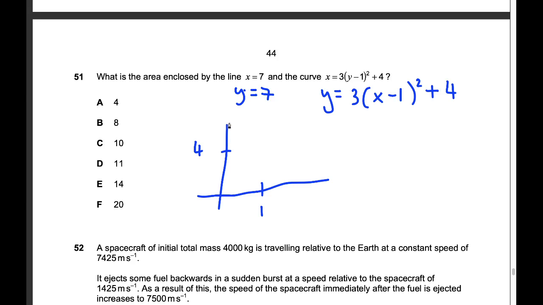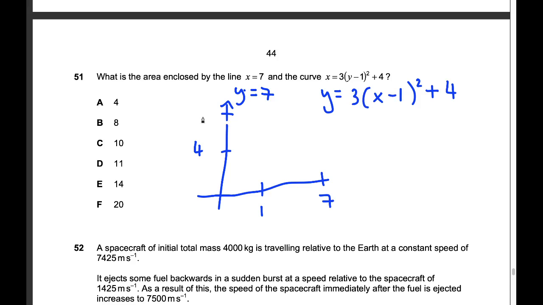And actually, if you think about it, where is the line x equals 7? It's somewhere over here. And where does it cross the y axis? This is not really necessary, but y equals 7 is up here somewhere, and it's also where it crosses this curve.